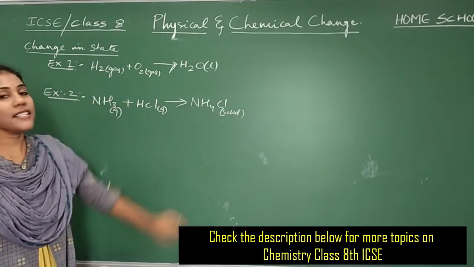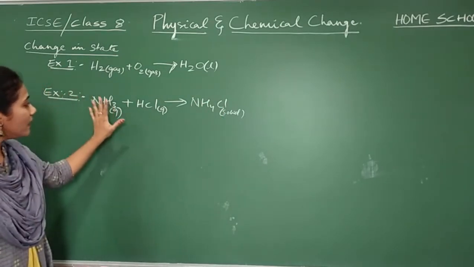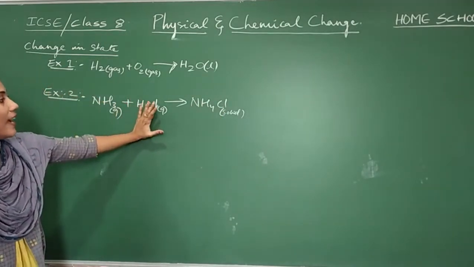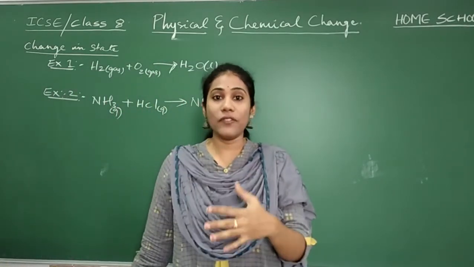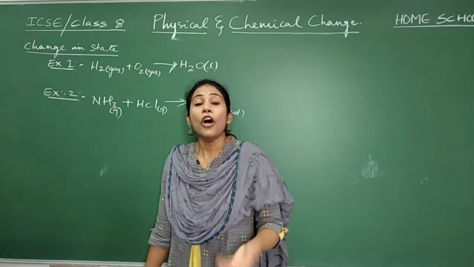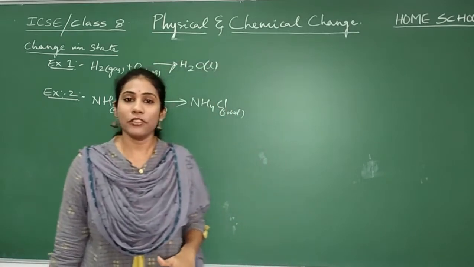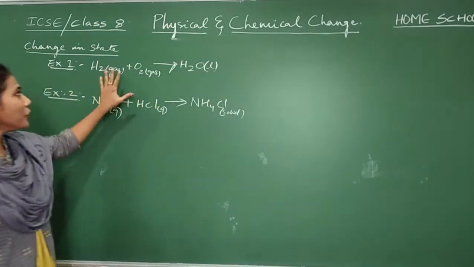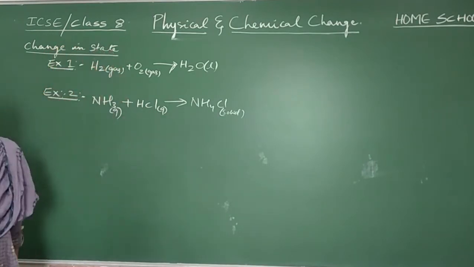Ammonium chloride is a salt, and it is formed as a solid. What has happened here? The gaseous reactants have converted into a solid product. State has changed from gas to solid. That way you can tell that a chemical reaction happened. So these are the two examples that you can remember for change in state.